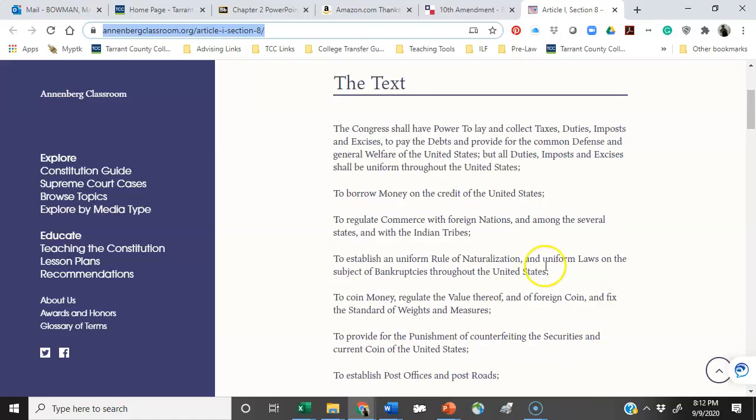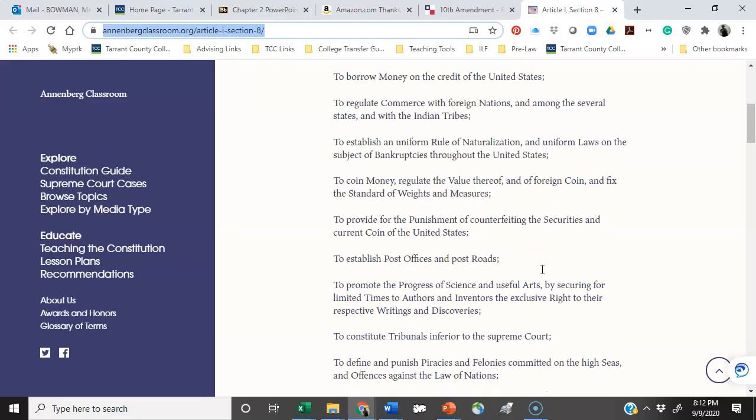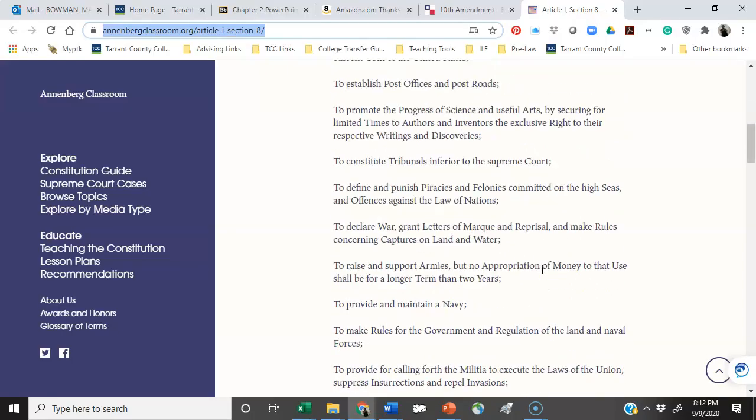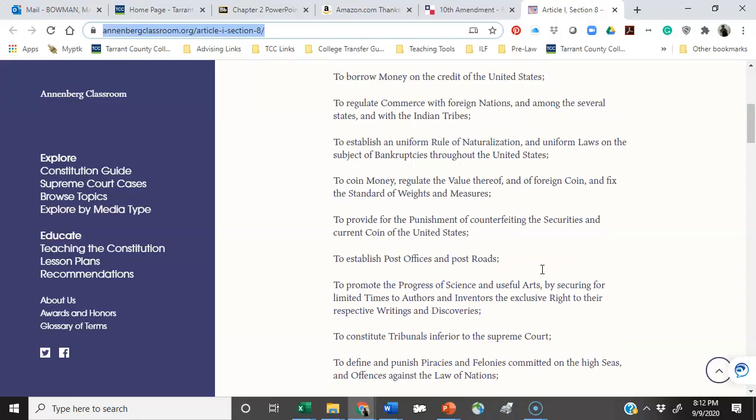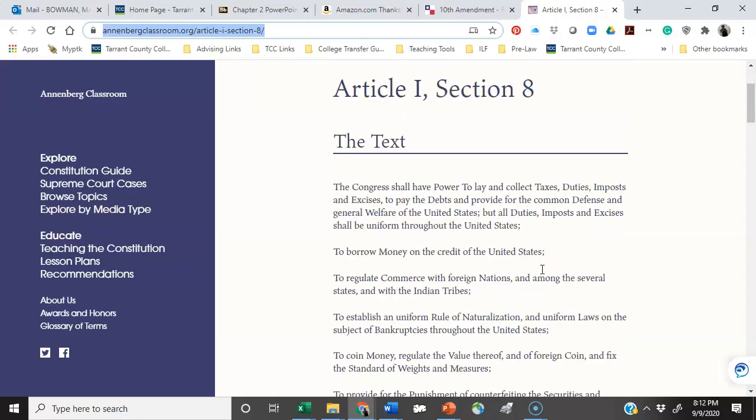And then it goes on to list 16, 17 more powers that the federal government has. They can borrow money. They can regulate commerce between the nations, among the states, and with Indian tribes.